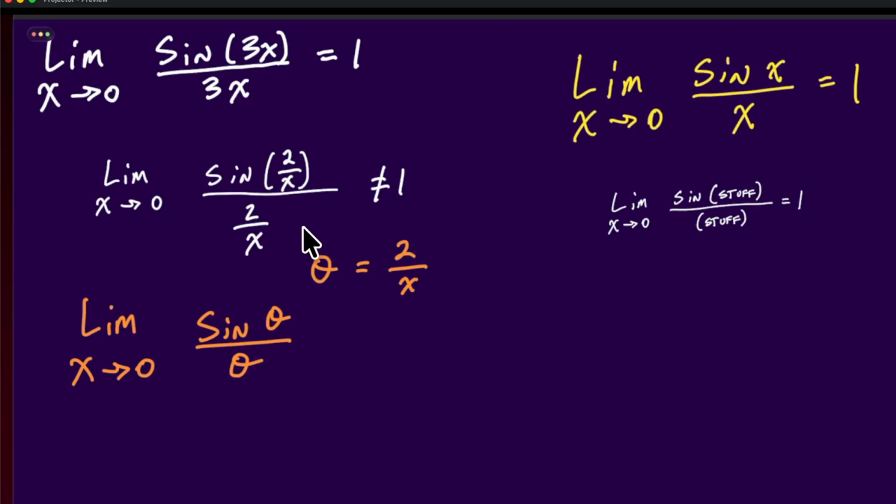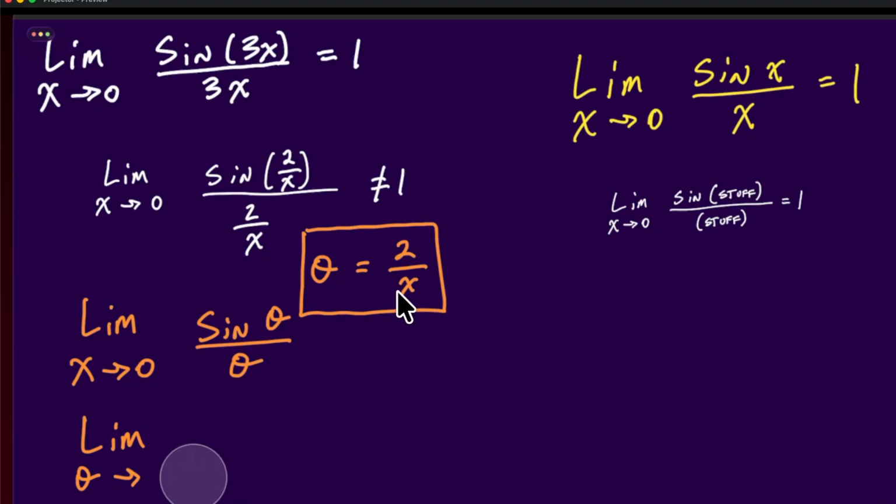So all I did was everywhere I saw 2 divided by x, I replaced it with theta. Now, we can't leave the limit like this. We have to figure out what theta is doing as x goes to 0. So here we go. As x goes to 0, as x gets very, very small, theta is going to go to infinity.